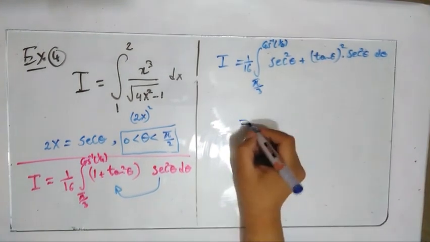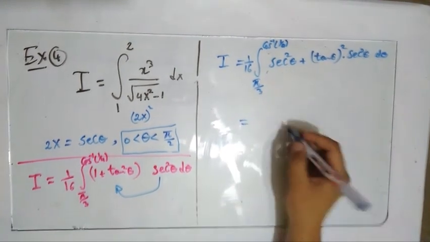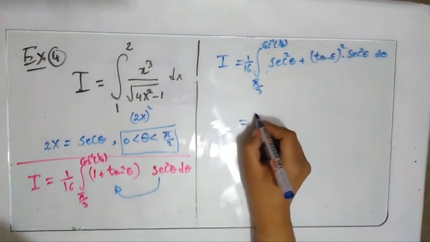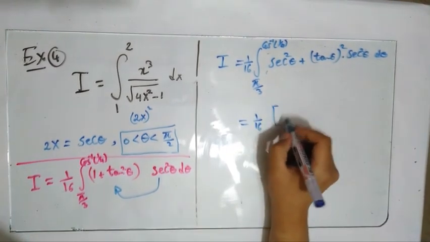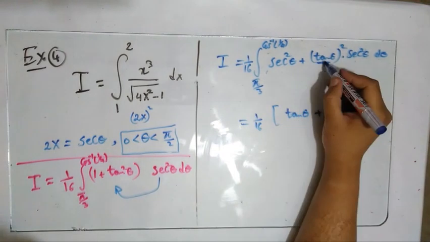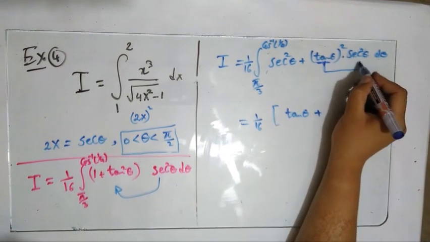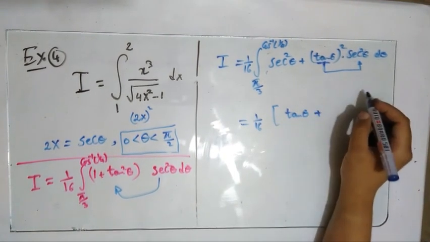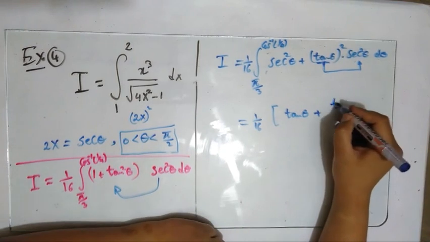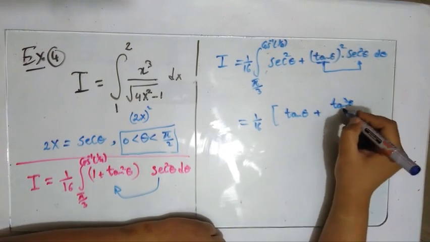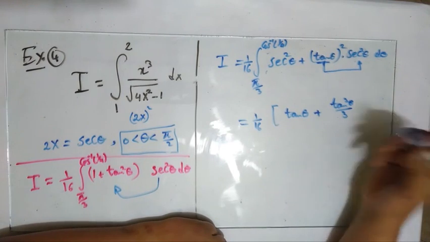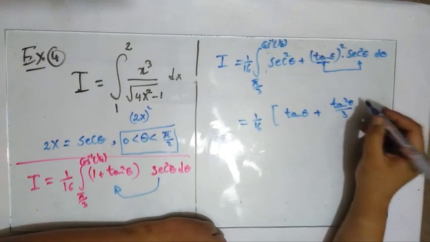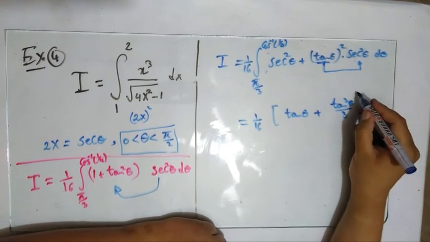Okay, and easily you can integrate sec squared. The integration of sec squared is tan, so you'll have 1 over 16, and here you'll have tan theta. You know that the differentiation of the tan is secant squared, so this integration will be tan cubed over 3, because simply if you differentiate this one you will get this.